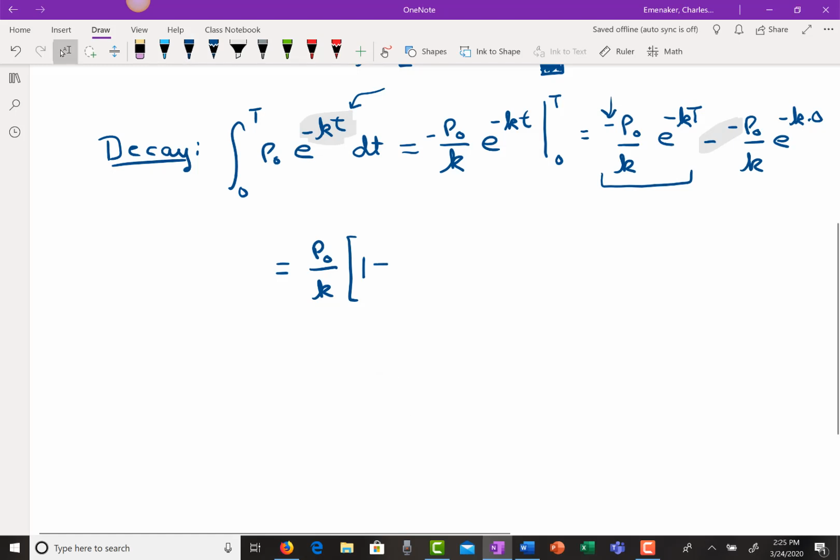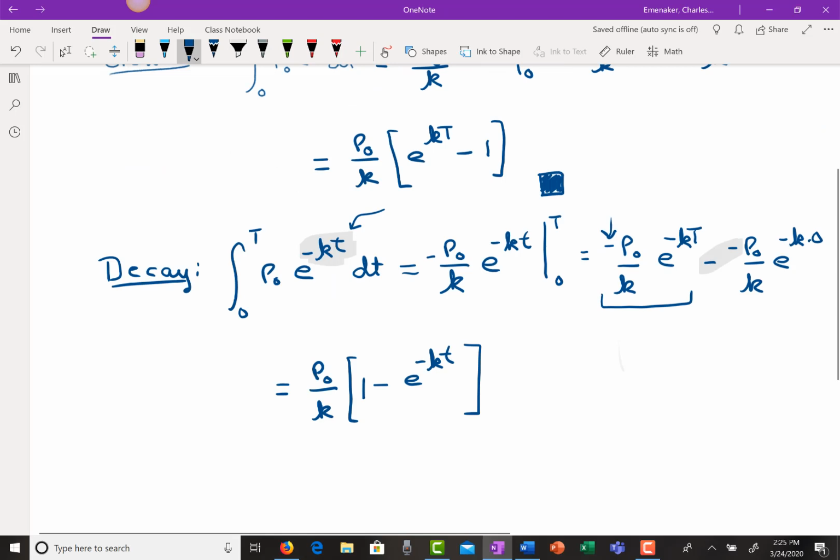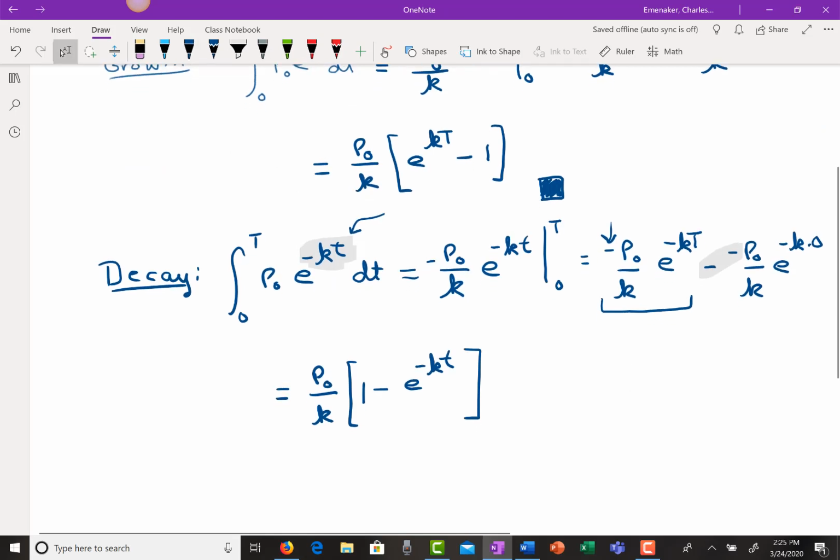Remember, we have factored out the p sub 0 over k, and that'll leave us with e to the negative kt, like that. Notice the two are reversed in order from one another, and in the case of decay, the exponent is a negative. Okay. So these two formulas are going to be important formulas.